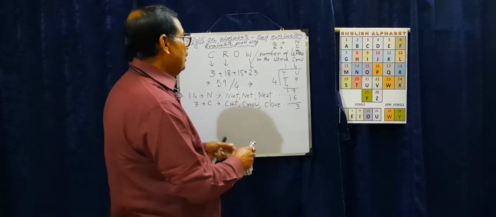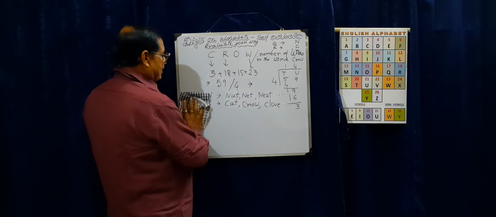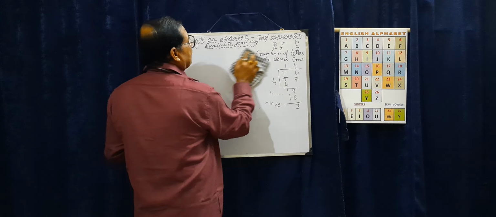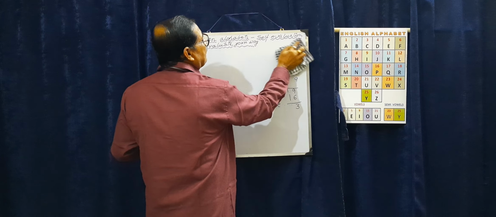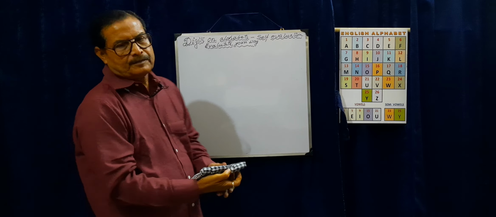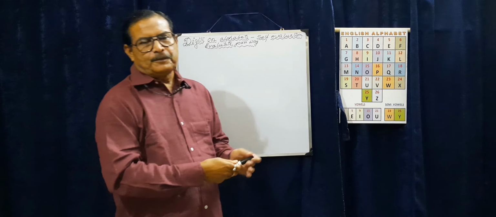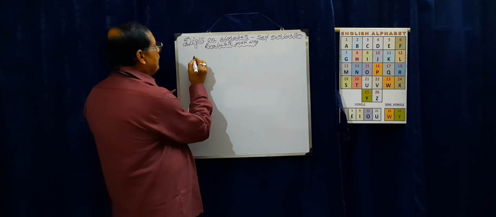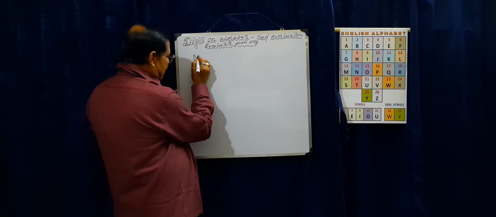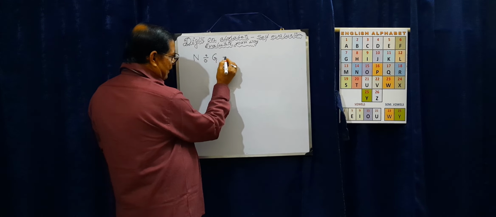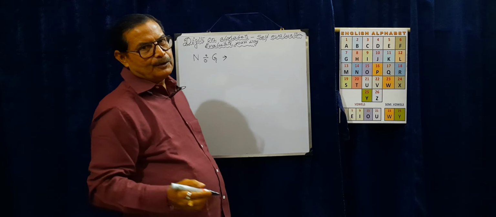Now we will go for a few exercises. Now I am rubbing it up. This is for our loving children. If N is divided by G, what will be the quotient?